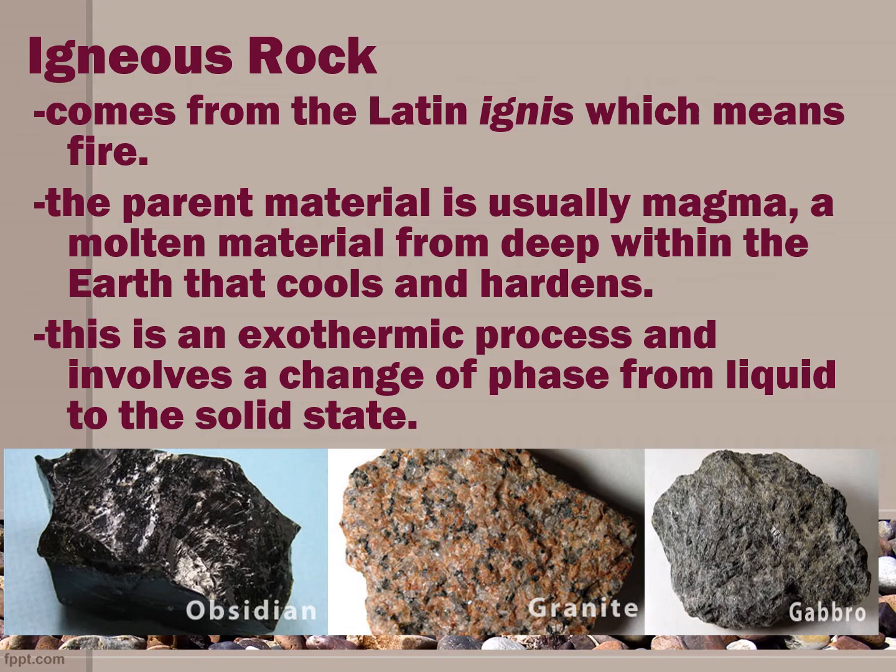The parent material is usually magma, a molten material from deep within the earth that cools and hardens. This is an exothermic process and involves change of phase from liquid to the solid state. Remember that your igneous rocks came from magmas or lavas.